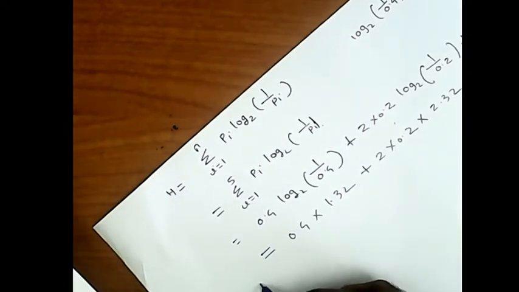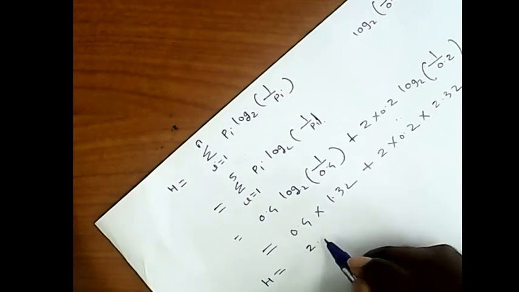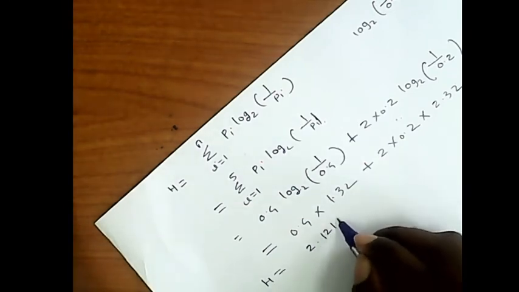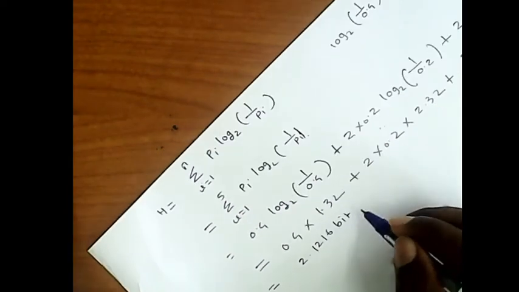If we calculate this whole expression on the calculator, the value of average information comes out to be 2.1216 bits per symbol.